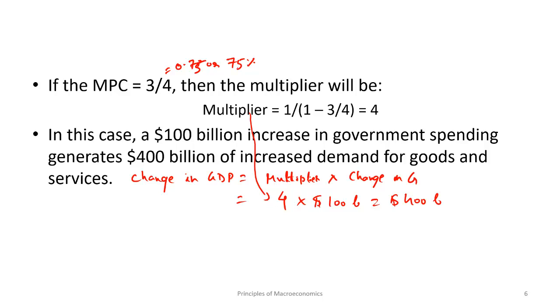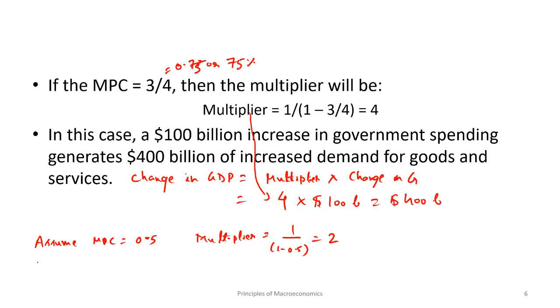Now, what if your MPC is say 0.5? And here's the fun fact. Assume MPC is 0.5. That means people spend only 50% of their additional income, not 75. Then the multiplier would be 1 over 1 minus 0.5, which gives you 2.